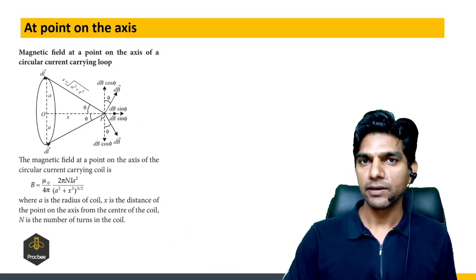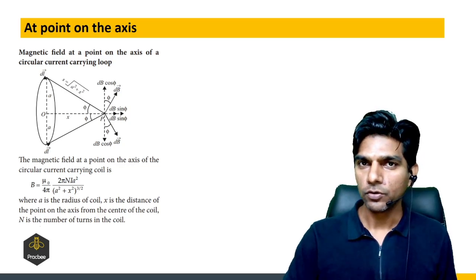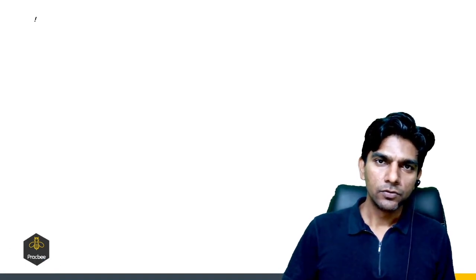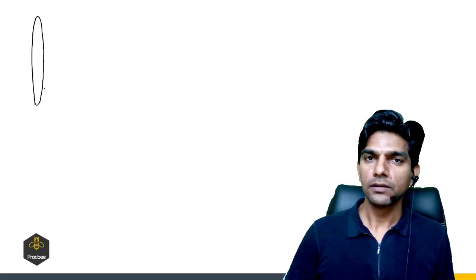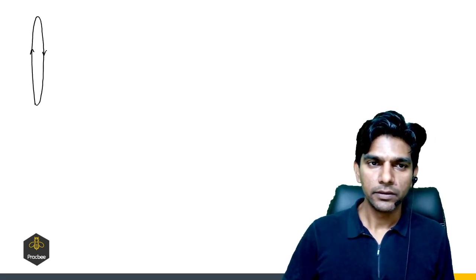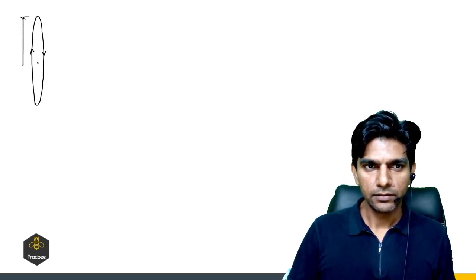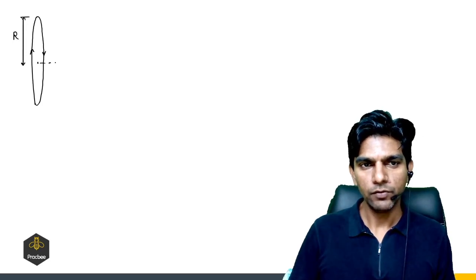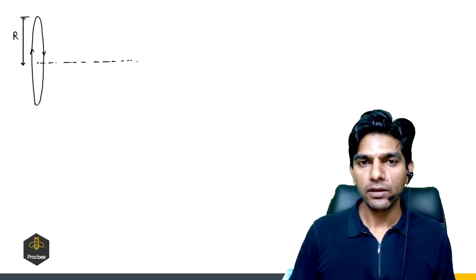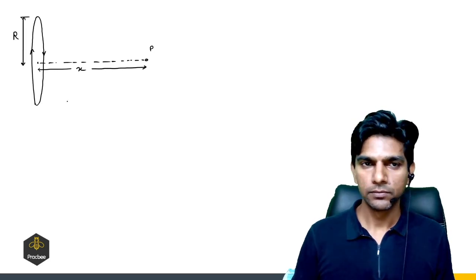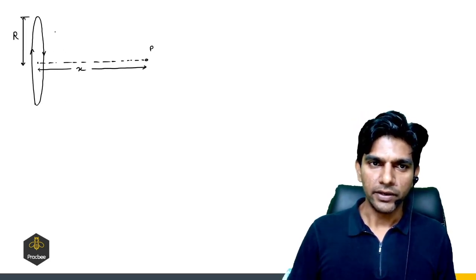Now let us see what is the magnetic field at a point on the axis of the loop. So let me derive that. So we have given a current carrying loop and let us say the current is in this direction, and let us take the radius of the loop as r, and we want to find magnetic field at a point P on the axis, which is at a distance x from the center of the loop, right?